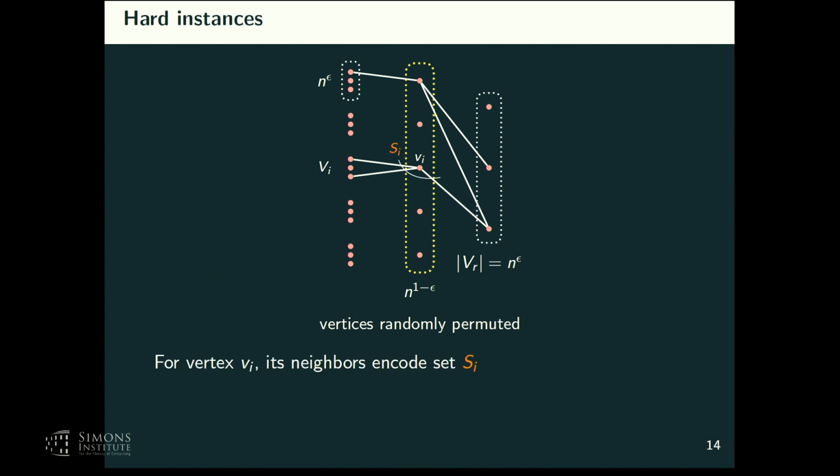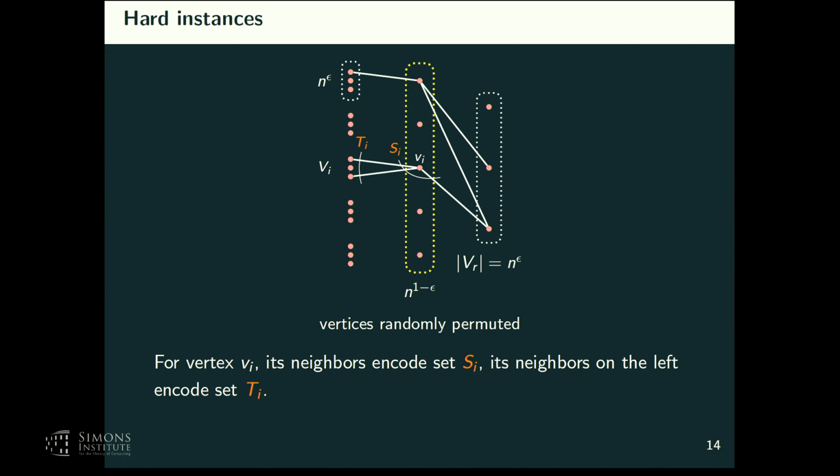Then for each vertex v_i, we are going to use its neighborhood on the right to encode some set S_i, and use its neighborhood on the left to encode some subset T_i of S_i. We construct the graph to guarantee that for all the groups on the left, capital V_i, the corresponding vertex in the middle, little v_i, is their only neighbor.